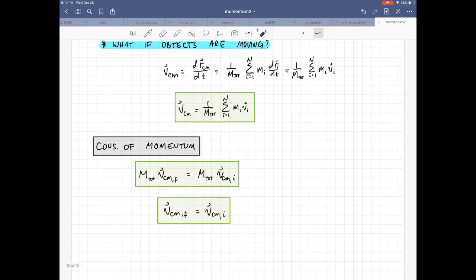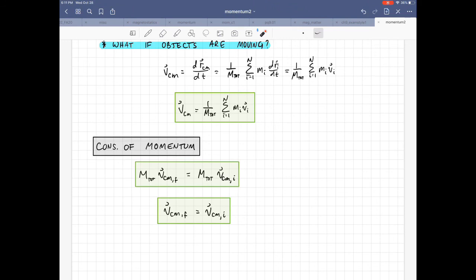So how does conservation of momentum come into play? Well, like I was just saying, this right here is the total momentum of the system, and so if you multiply the total mass of your system by the velocity of the center of mass, at any time that product has to be a conserved quantity, or has to be the same value. And so this can allow you to solve conservation of momentum problems in a particularly efficient manner if you are able to identify the total mass of the system and the center of mass velocity.